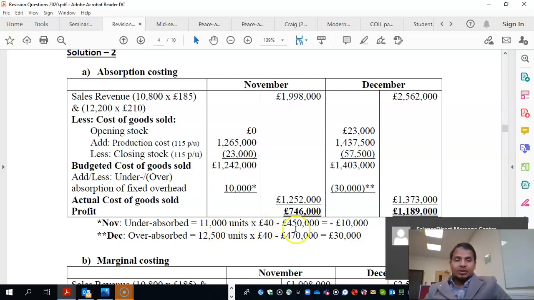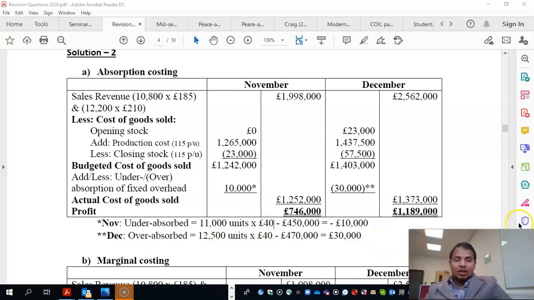Okay, 440,000 we actually absorbed, but actual fixed cost for November is 450,000. Okay, so actually we absorbed, we recognized 440, but actual cost is 450. So 10,000 is under absorbed.